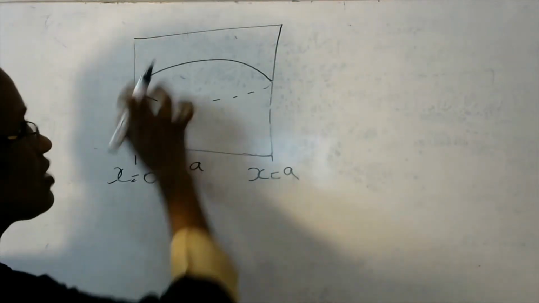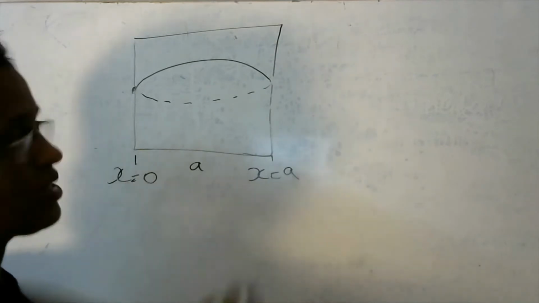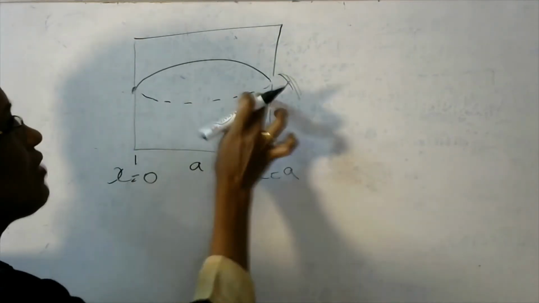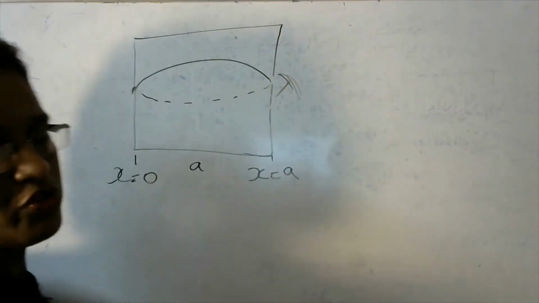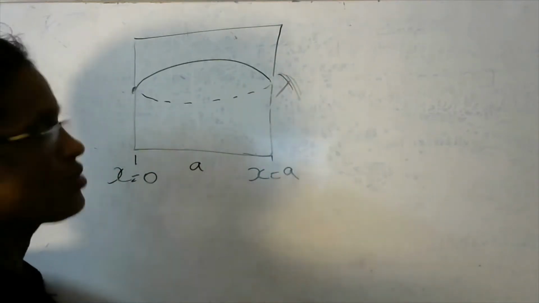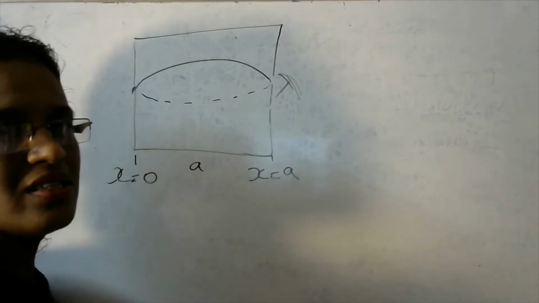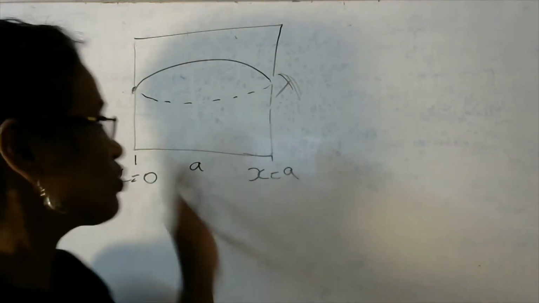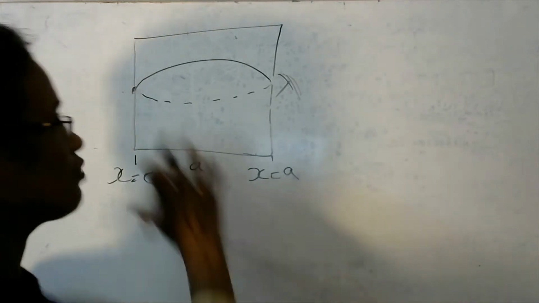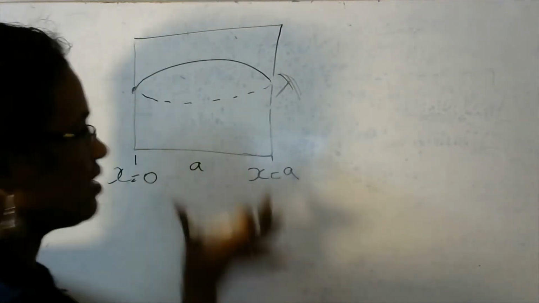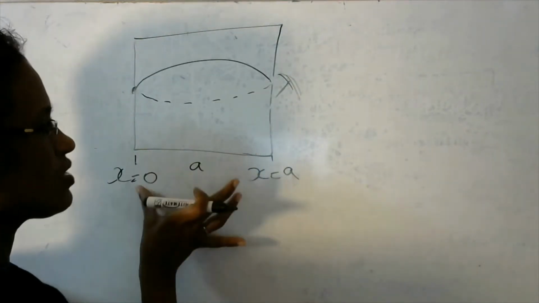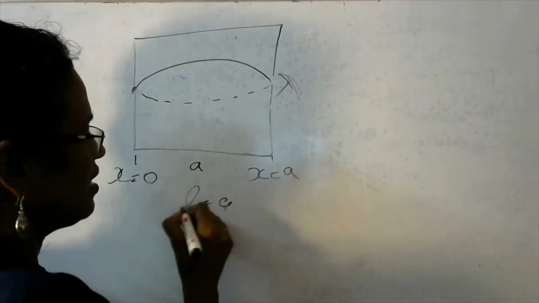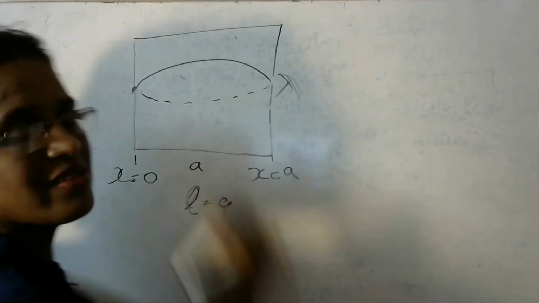This is for a full wavelength lambda, because the waves have to end in the nodal position. In acoustics and in the stationary wave concept that you have studied in your class 12 book, you can see this: a full wavelength lambda which is confined within the region x equal to 0 to x equal to a. So for a length of a, this is a wavelength lambda.